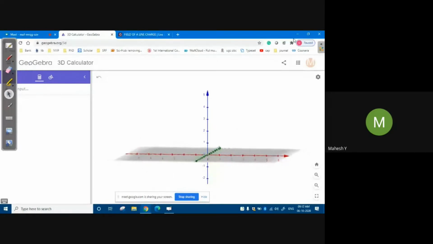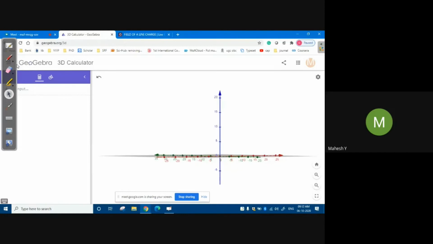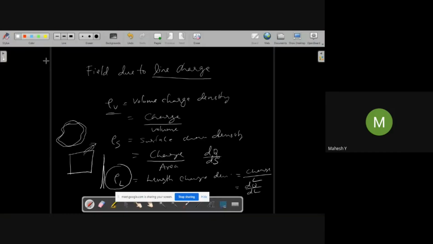Now, we'll take the charged line with length infinity, because we start from minus infinity to plus infinity, which is kept along the z-axis. So, like this, it will be kept, in this direction. Let me change the color.